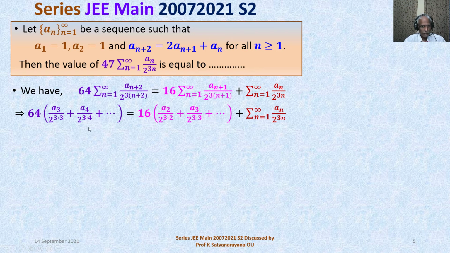So that means this series is actually sigma n equal to 1 to infinity a_n by 2 power 3n, but starting from here.